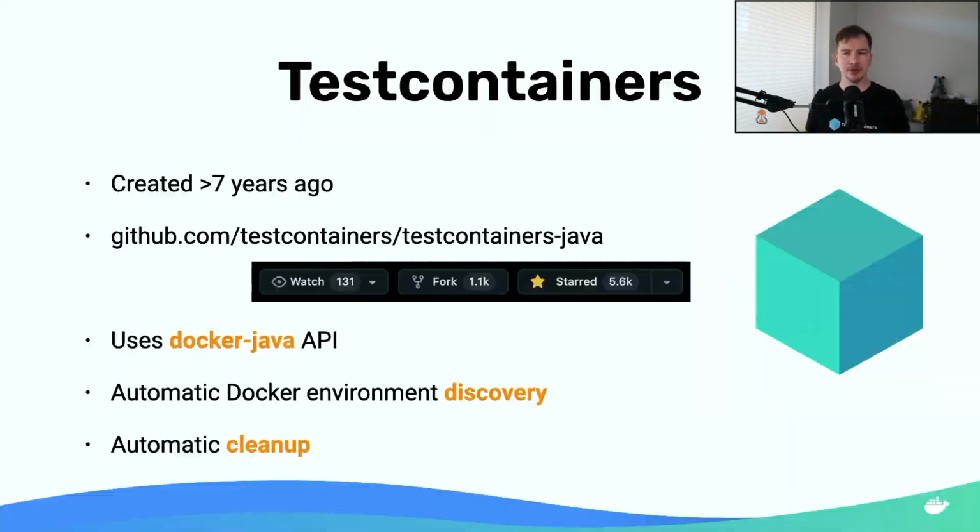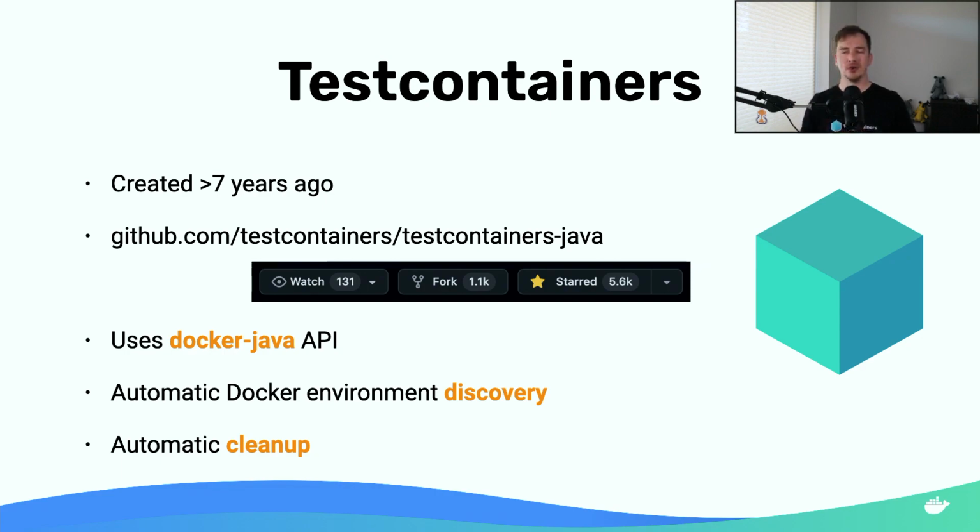It's a fairly old project. It's a mature project. It started more than 7 years ago. I think we had a birthday a few weeks back. It's an open source thing. It started with the Java implementation, which uses the Docker Java API. And besides just allowing you to manage containers, it takes extra care to provide you necessary utilities to make your integration tests as reliable as possible, using the automated Docker discovery checks and the checks that we can use the Docker environment properly.